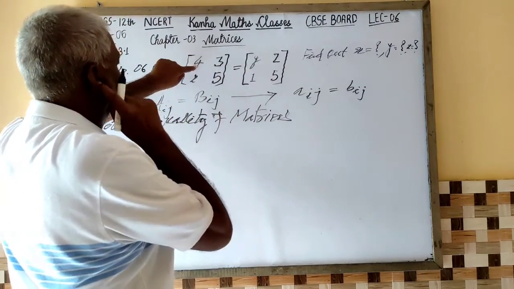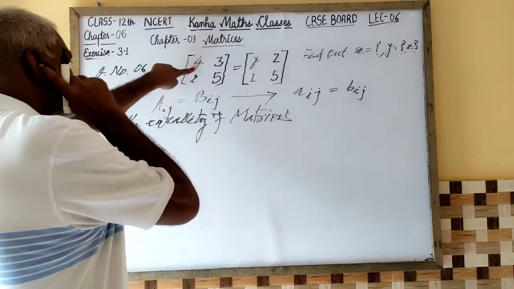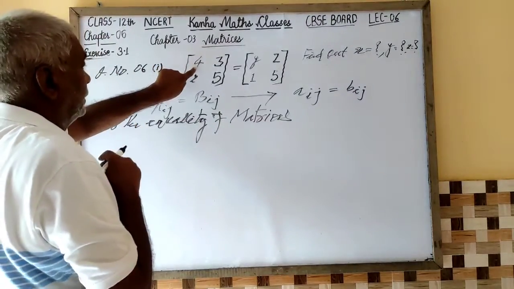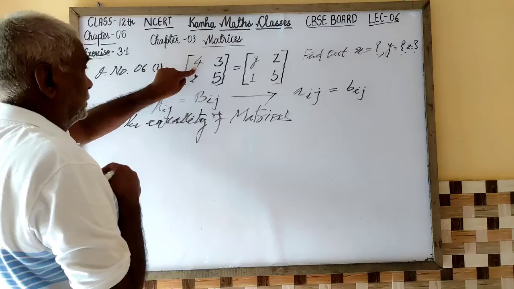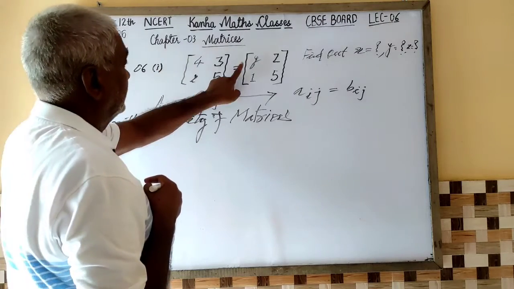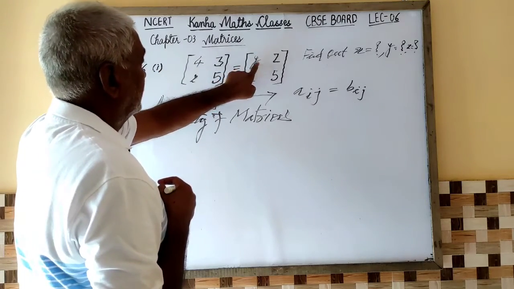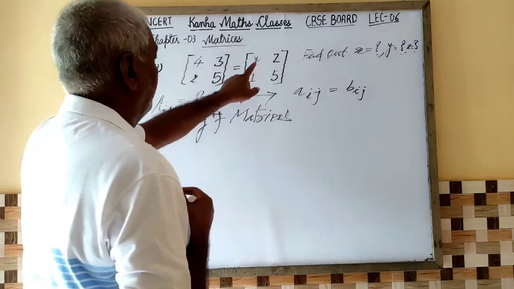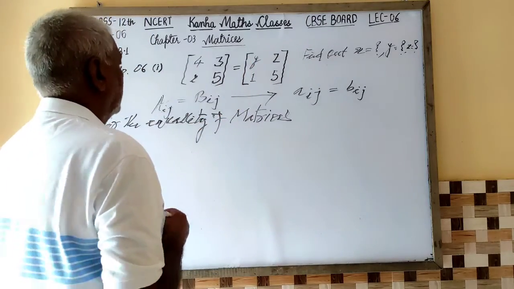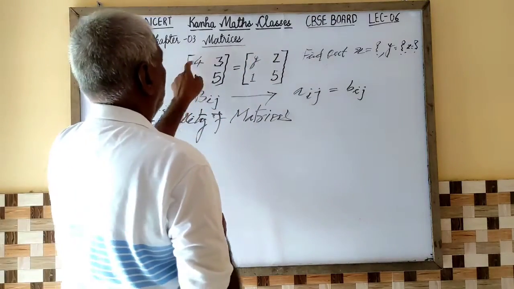Here A11 is 4. In the first matrix we see clearly A11, the element of the first row and first column, is equal to 4, and in the second matrix B11, the element of the first row and first column, is y. Then clearly y is equal to 4.